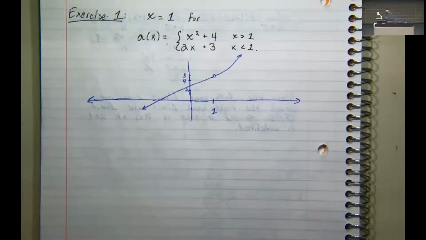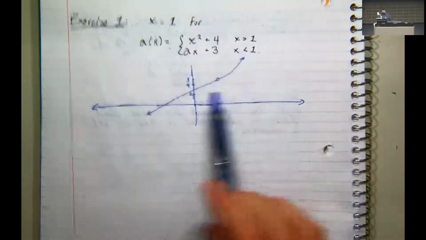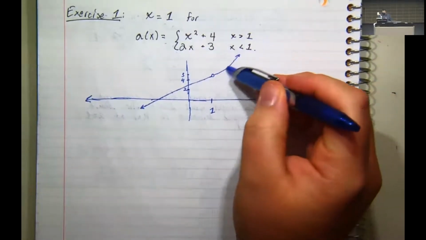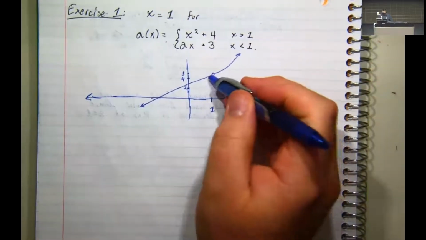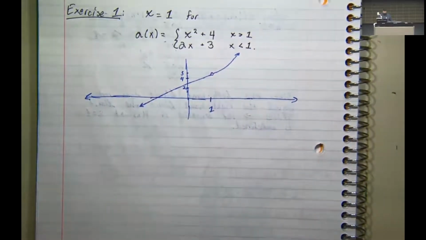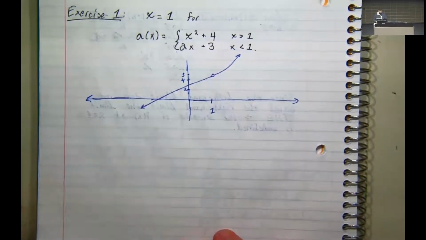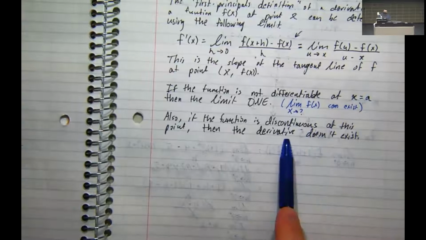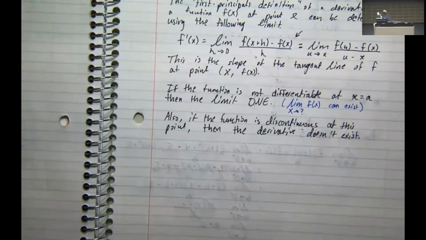So let's do exercise 1. I've drawn a graph here of a to the x. There is no definition for a to the x at 1, so there is a hole here. For values greater than 1, it follows along this curve, and less than 1, this line. From our definition here, we know that if it's discontinuous at our point, then the derivative doesn't exist.